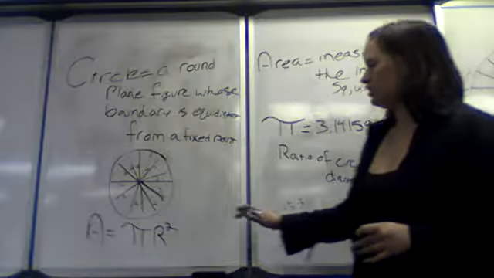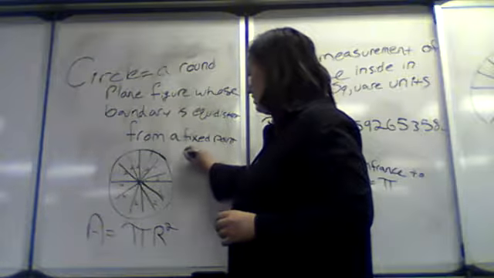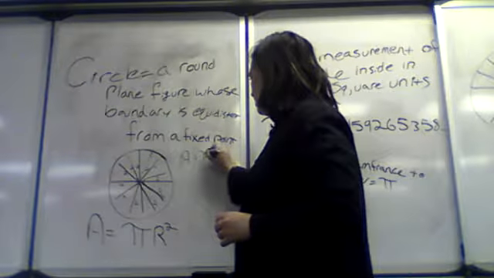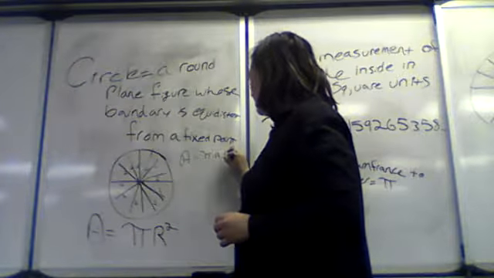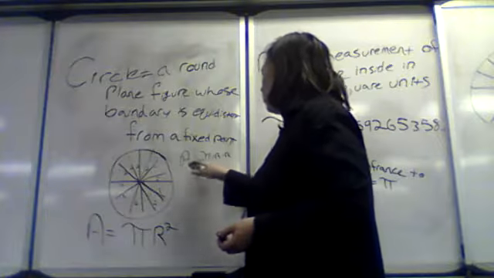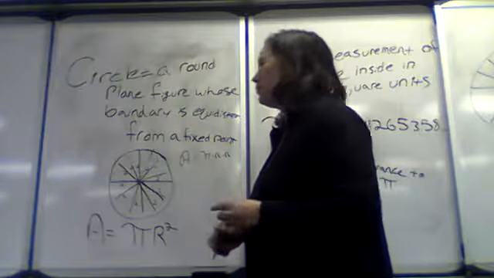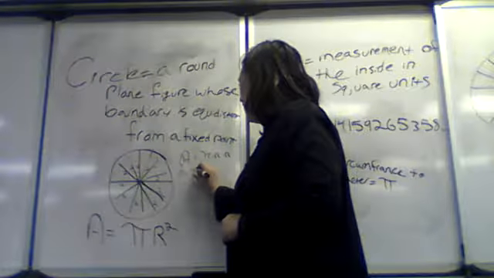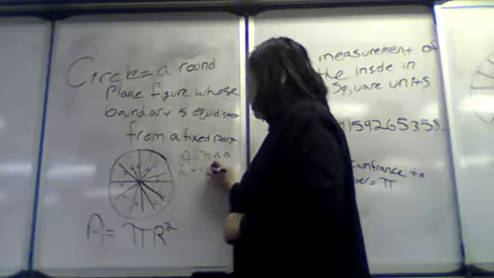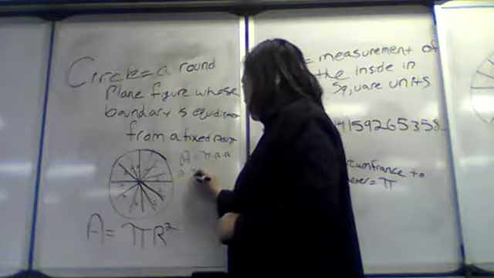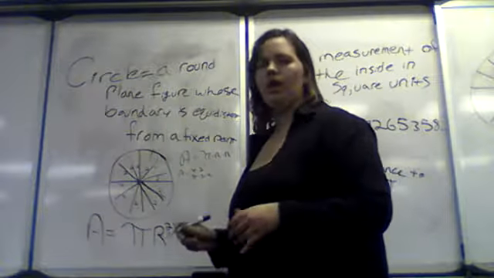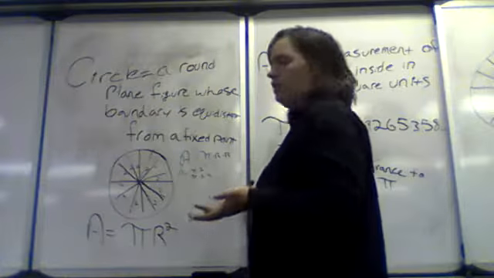So essentially what this equation is, the area equals pi times the radius squared, or pi r squared. It's the same thing. So in this instance, it's going to be the area equals pi times 2 squared, or pi times 2 times 2. And as many of us know, 2 times 2 equals 4.